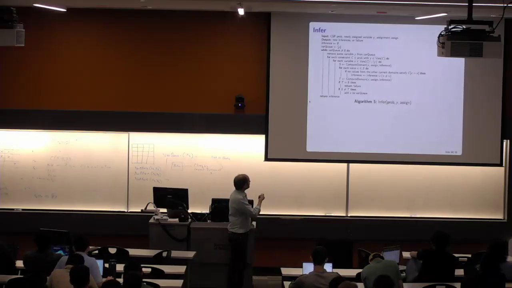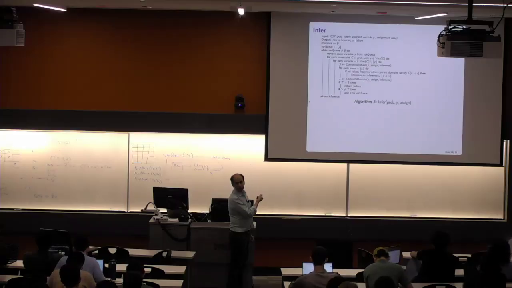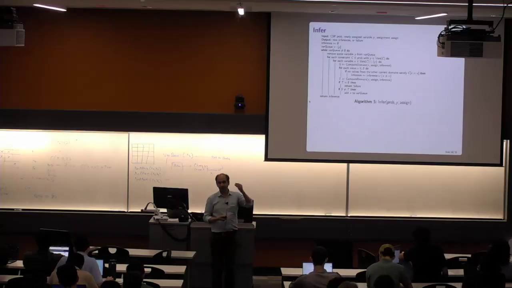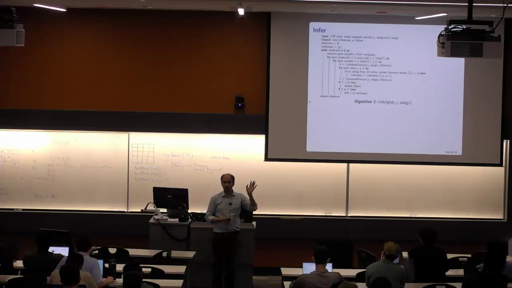Okay? And every time we discover that the domain of the variable has changed, we add that variable to the queue. Every time there's a change in the domain, we add the variable to the queue. And if the domain of a variable becomes empty, you immediately return failure. And that would mean the algorithm would backtrack.